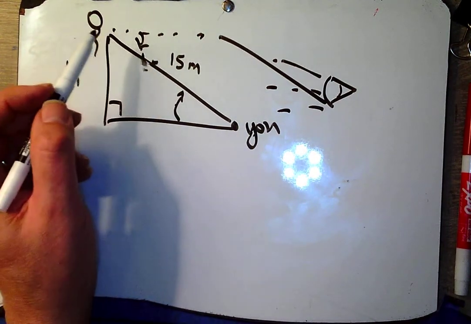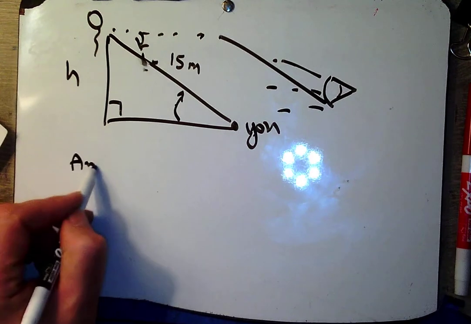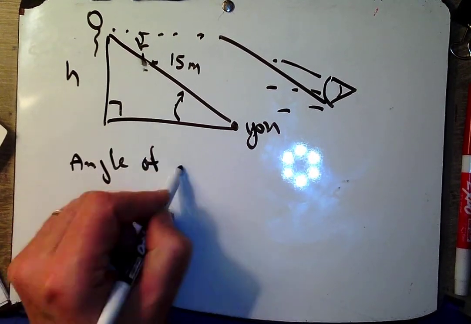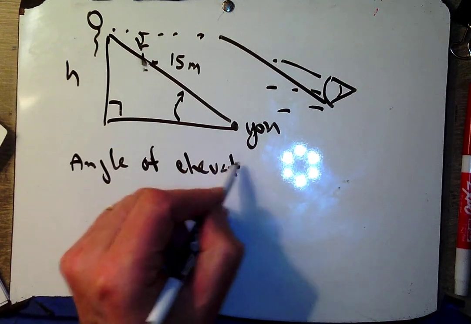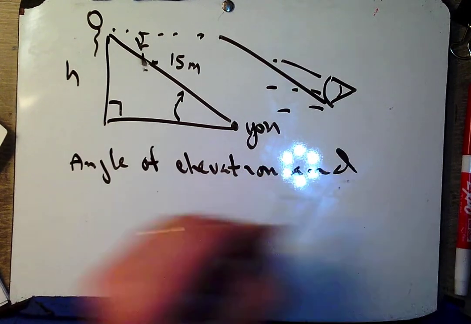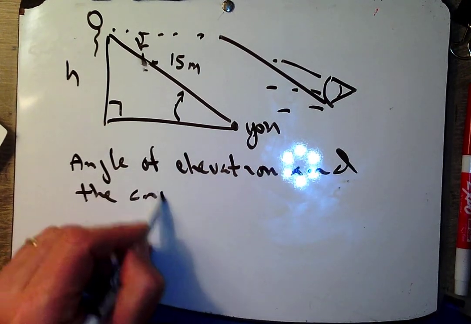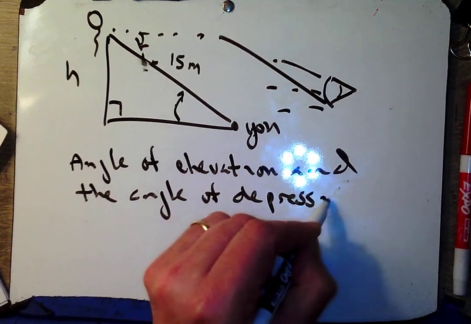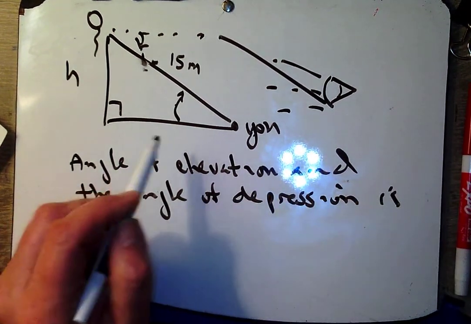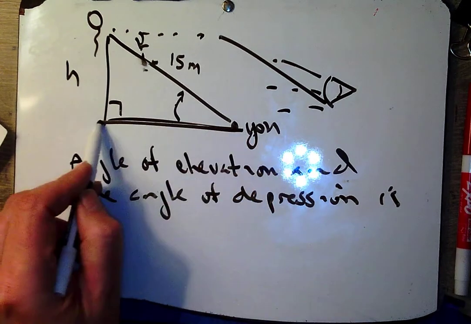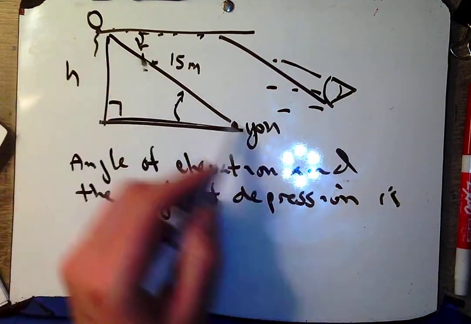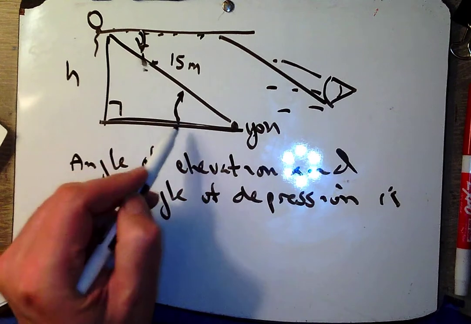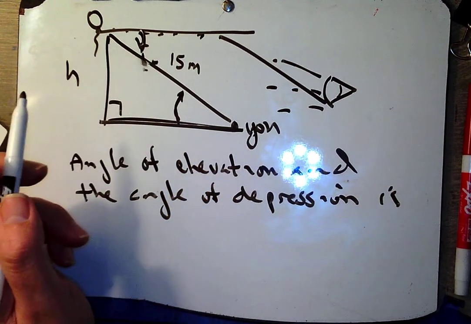And the cool thing about the angle of elevation and the angle of depression is, well, do you see it? Parallel lines cut by a transversal, alternate interior angles are congruent.